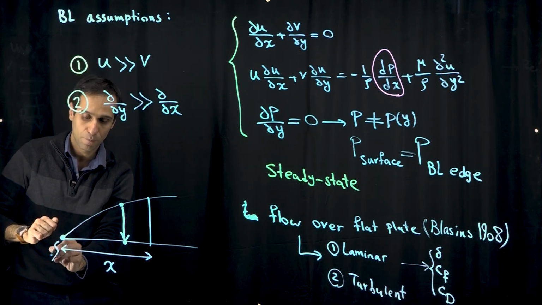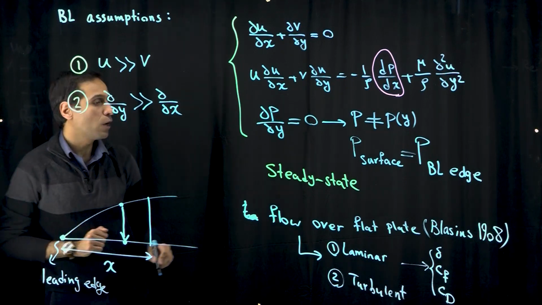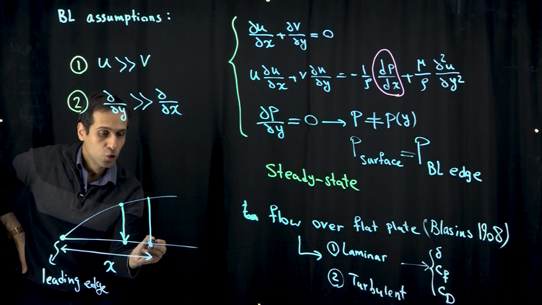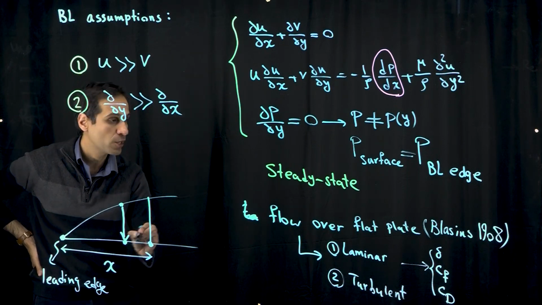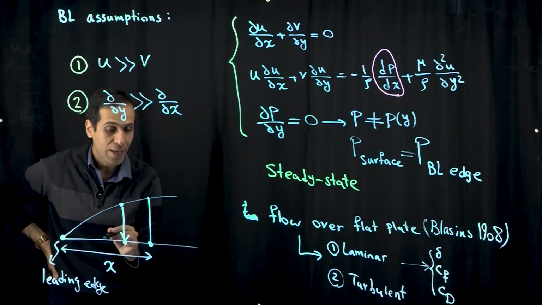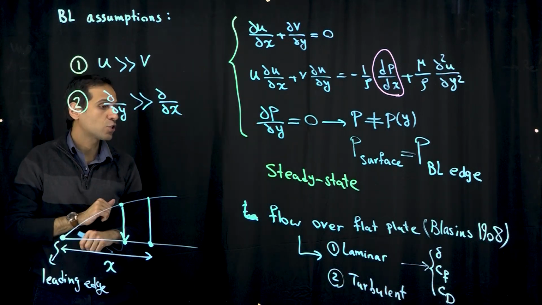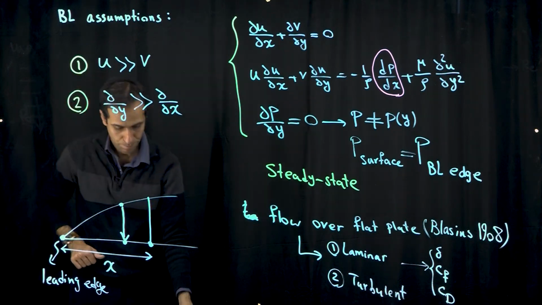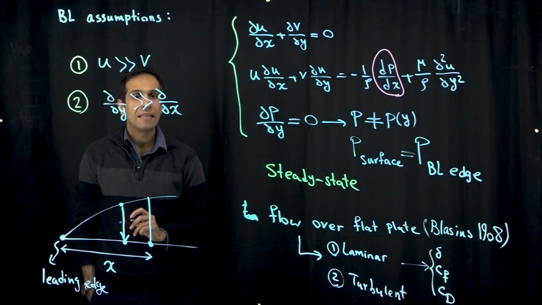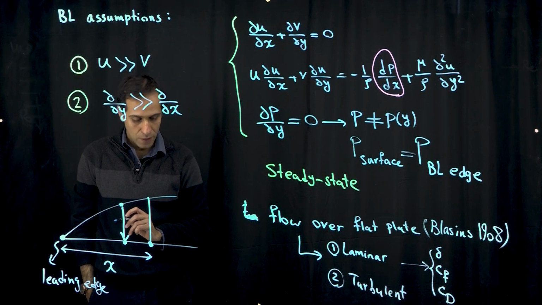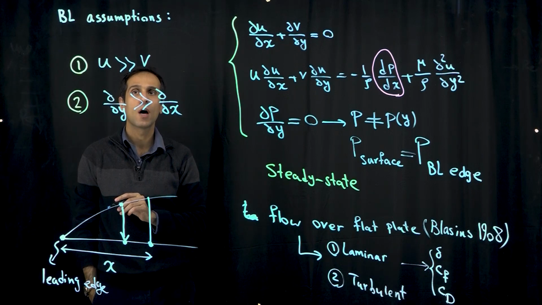This is called the leading edge. Also, I can find the shear stress at each point and the total shear force from CF. Also, I can find the drag at each point and the average on the surface. Okay. In the next segment, I will provide you those equations and I will solve some examples.